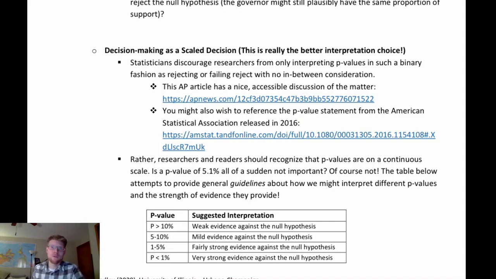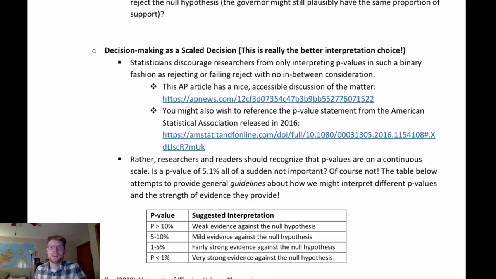So this is kind of how the field has been moving in the last 10 years, is less about getting your p-value below 5% and more about just reporting your p-value as one more piece of information about what's going on. That there's many ways to talk about your results, not just a p-value, but as we'll talk about later, effect sizes or models or other information about your results.